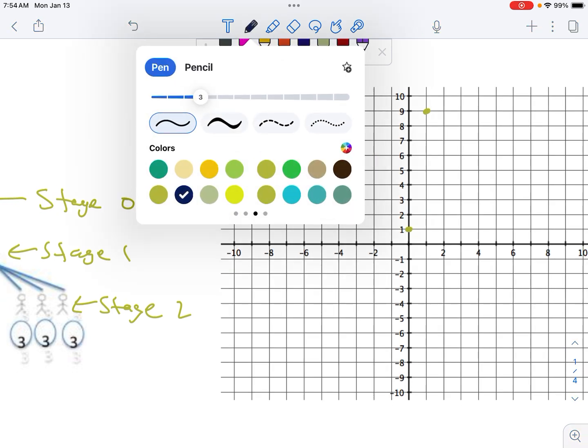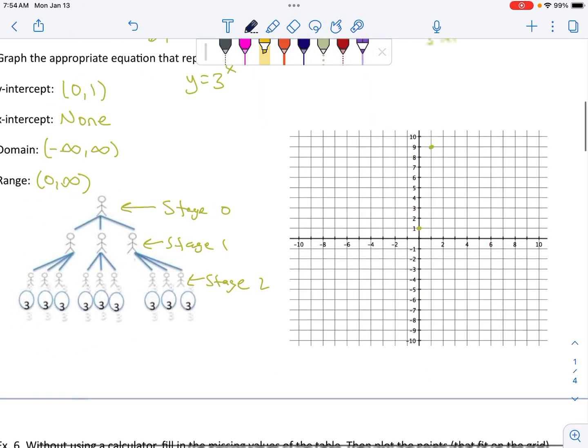Let's do this. Okay. And we're going to do our best to draw it. It's not going to be perfect, but it's going to be this exponential curve that passes through 0, 1. Sorry. It should be 1, 3, and 2, 9.